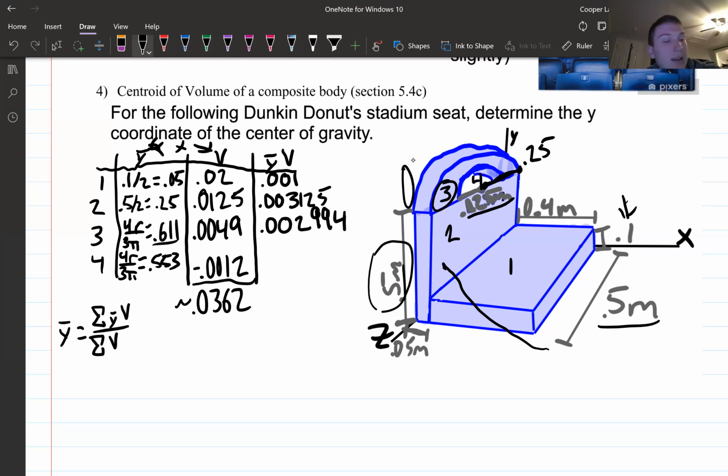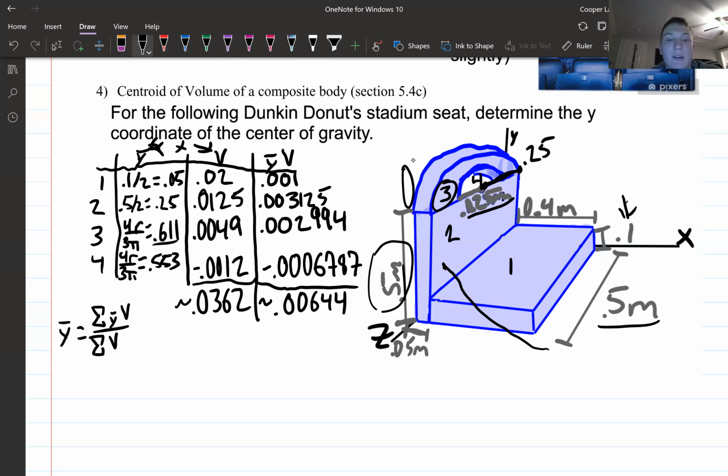When I do that, I get negative 0.0006787. I'm now going to total all these up and add them together, and that will give me approximately 0.00644.